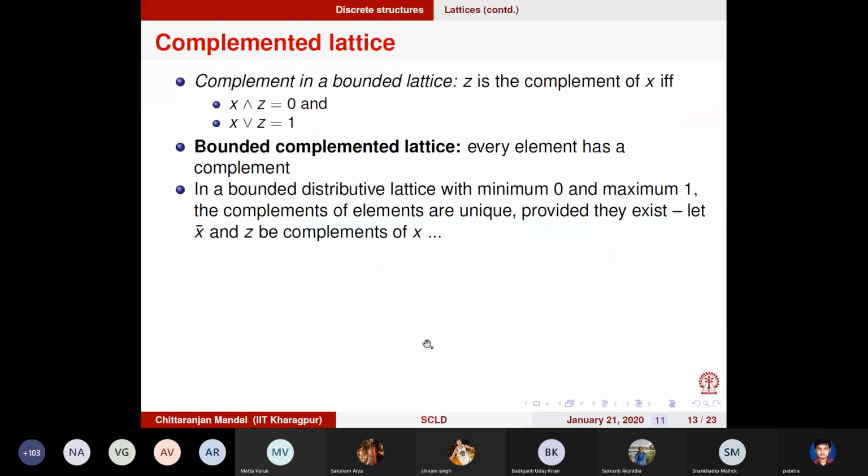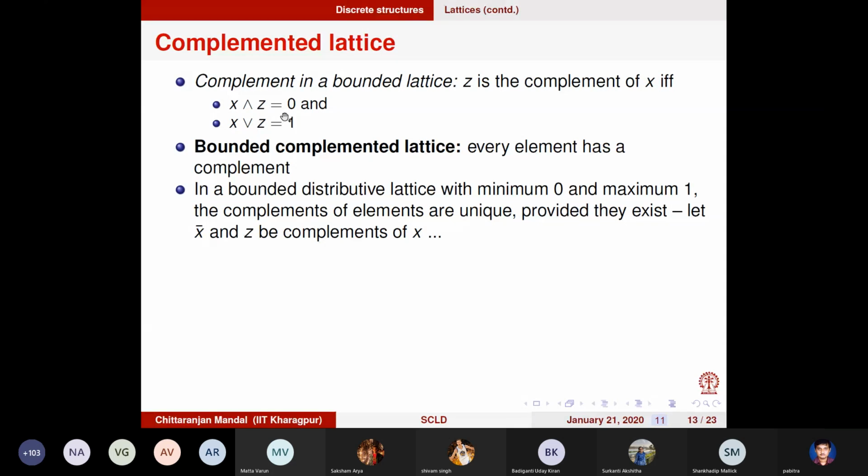Okay, now let's take a complement. Two elements X and Z are complements of each other if X meet Z is 0, the least element, and X join Z is the maximum, the greatest element.